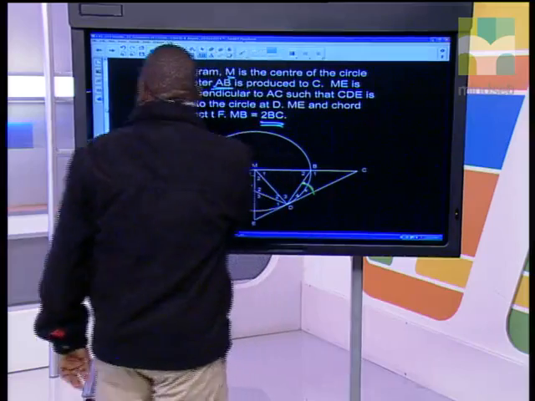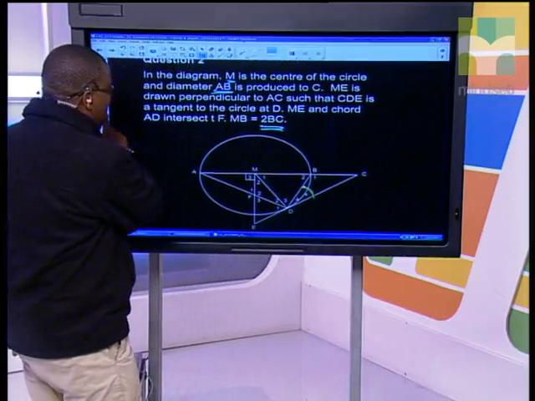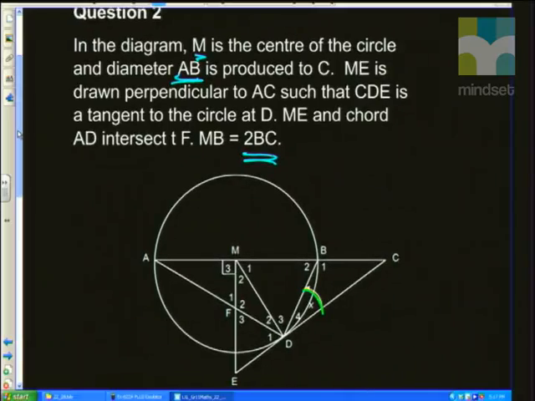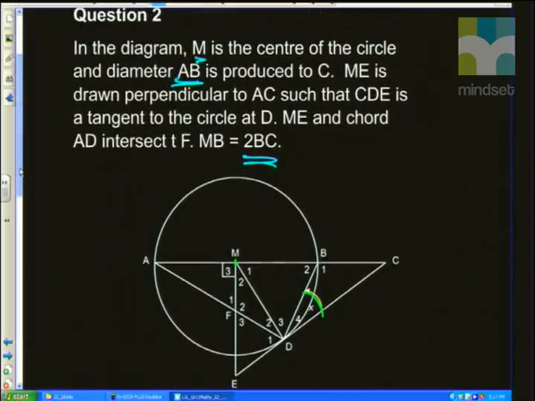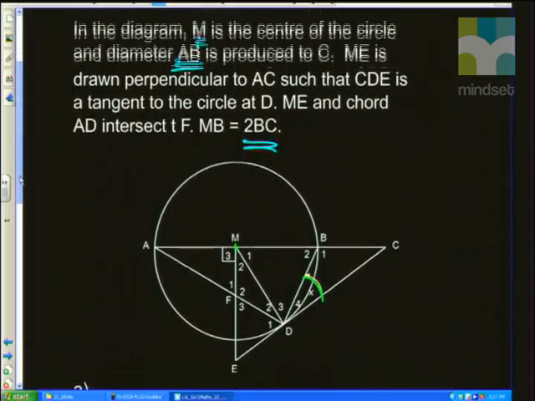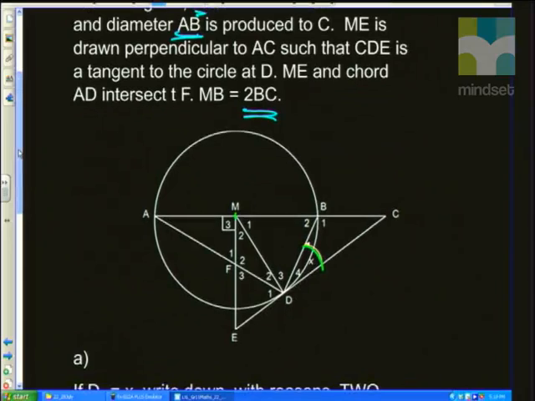All right. Okay, guys, we continue with question 2. It says in the diagram, M is the center of a circle. So we've got M there as our center, and diameter AB. Remember, the angle subtended by the diameter is 90.